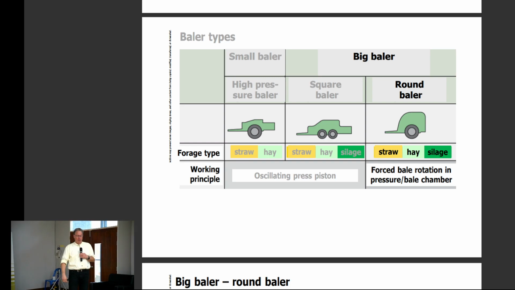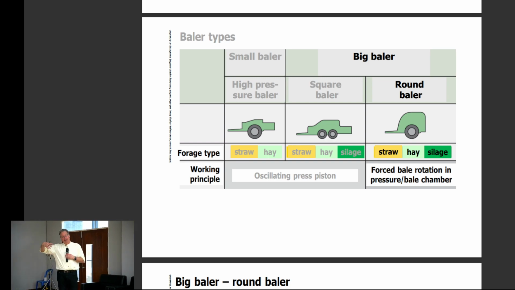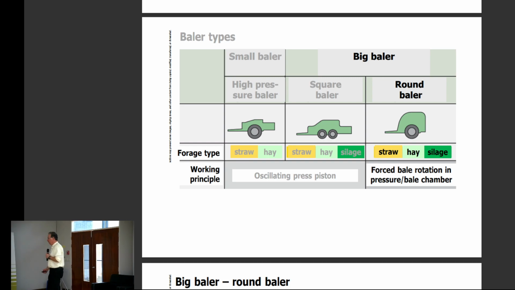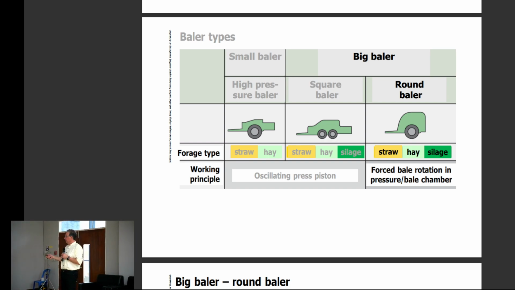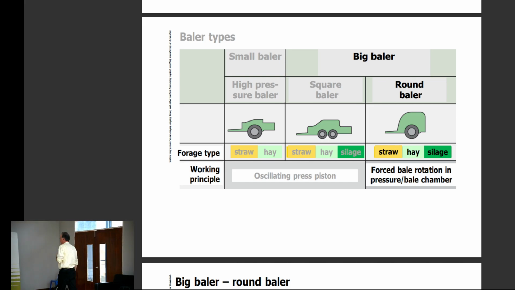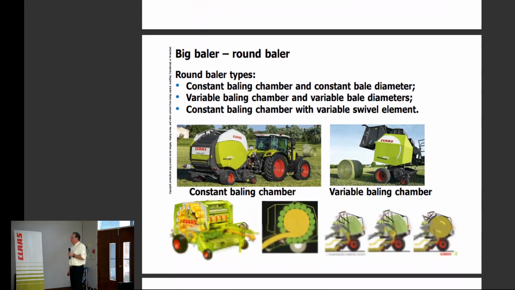They have different principles, and due to that a different impact on the quality of your silage. They started with a constant baler, then went to variable balers, and then they said, okay, we make a compromise between them, and that's the constant baler with a swivel element.